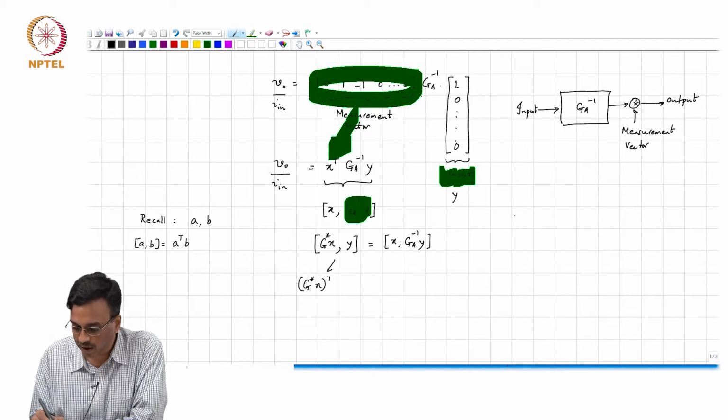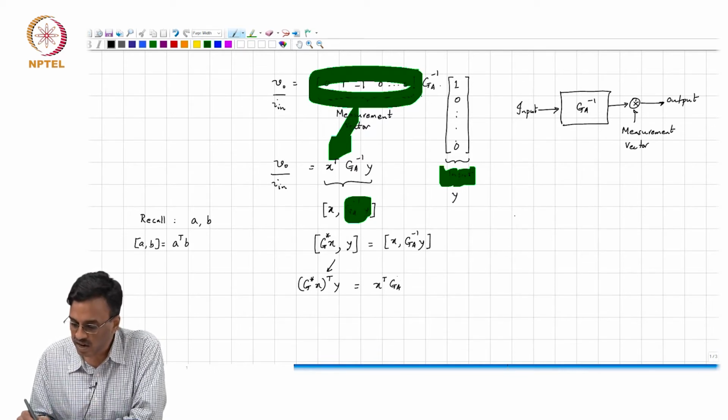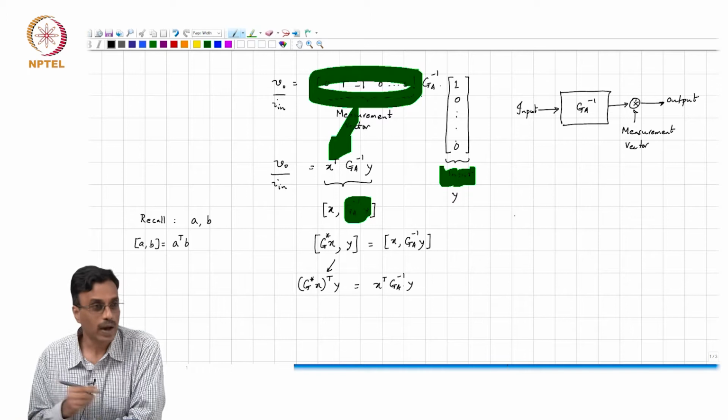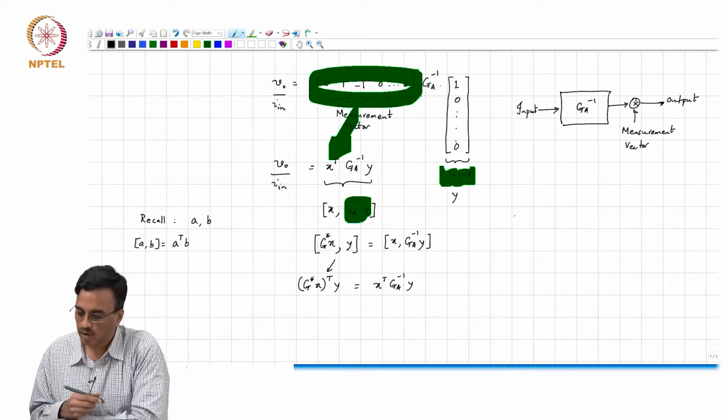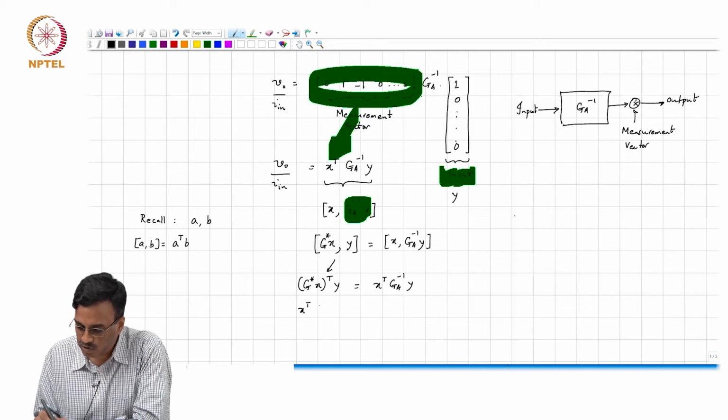G star times x transpose times y should be equal to x transpose GA inverse times y. And this is nothing but x transpose G star transpose y must be equal to x transpose GA inverse times y.